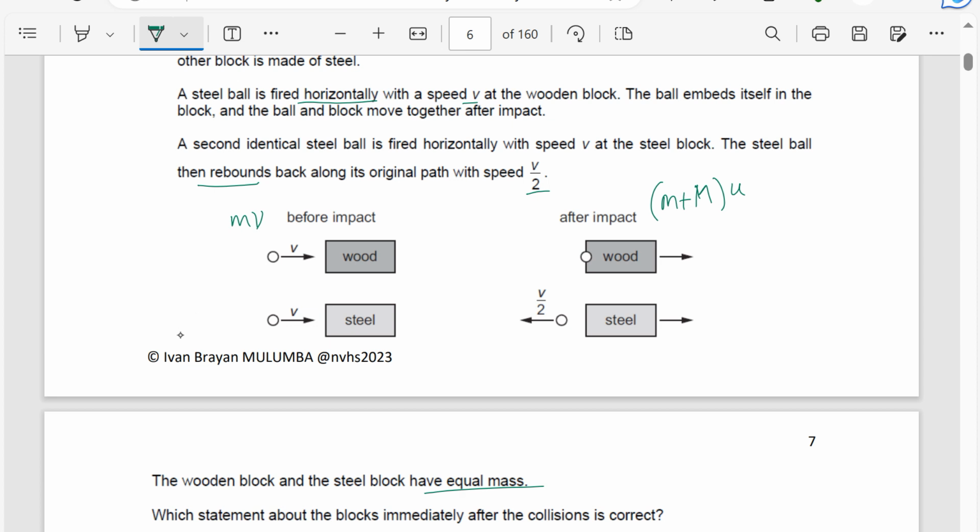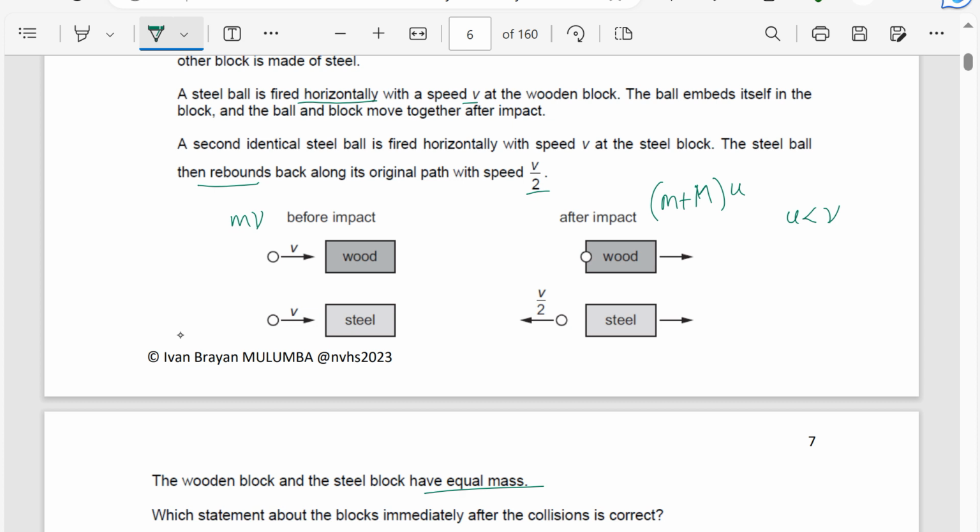So that is for the wooden block. For the steel block, u is going to be less than v after impact, of course.